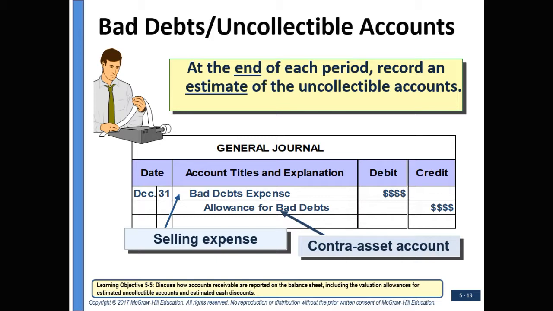Keep in mind that the contra account allowance for bad debts is attached to the accounts receivable account and is a part of its valuation on the balance sheet to represent accounts receivables at net realizable value.